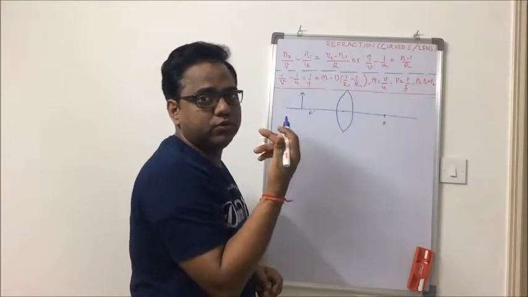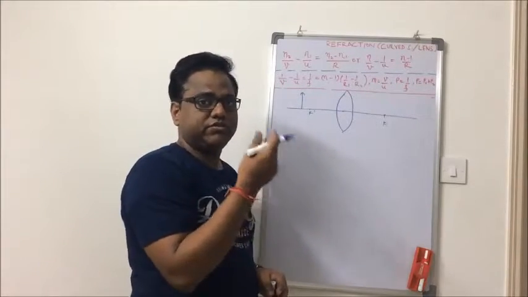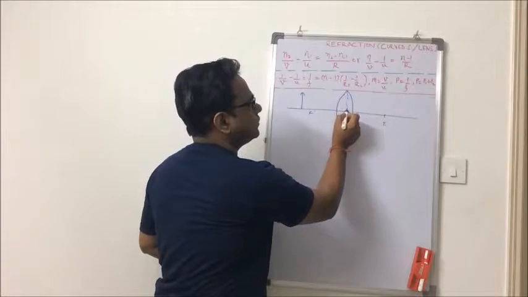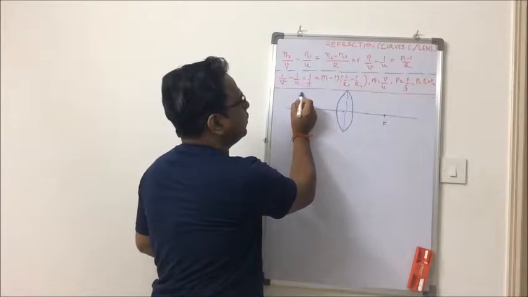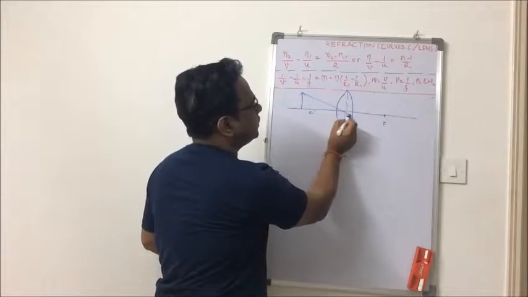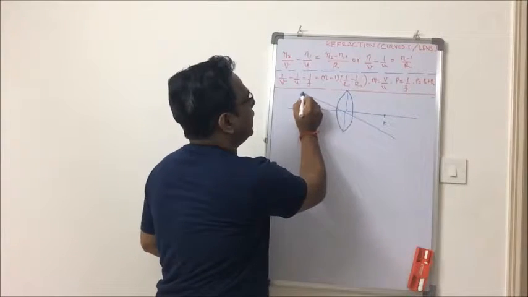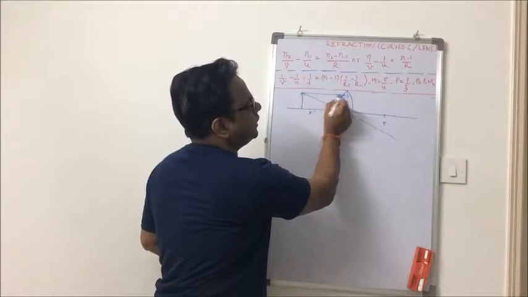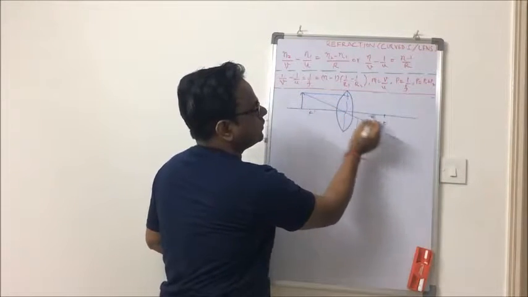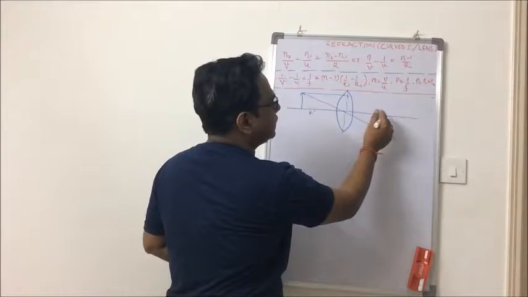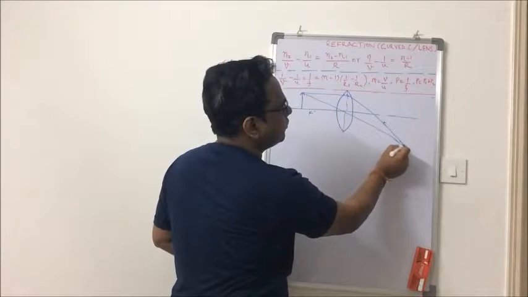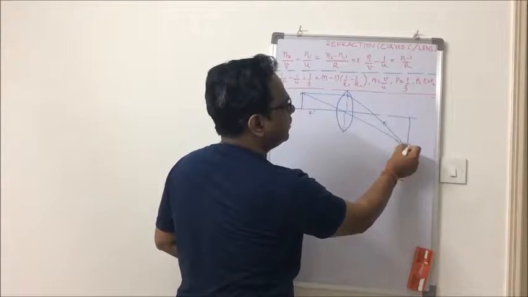As you remember, to identify position of image we take two rays. One ray would be going from center of curvature, another ray would be parallel, and they are intersecting somewhere here.